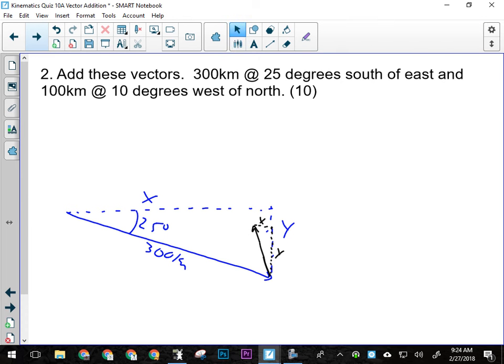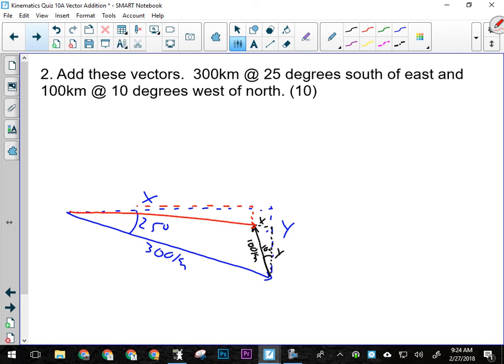This is 100 kilometers long, and that angle there is 10 degrees. That means that my resultant goes right here. So it has an x and a y, an unknown angle, and a displacement. Give them a mark if their diagram looks something like that. That's about as tricky as they would get.